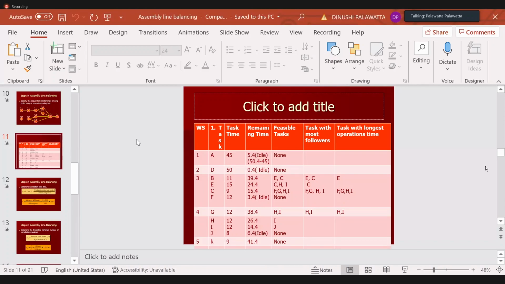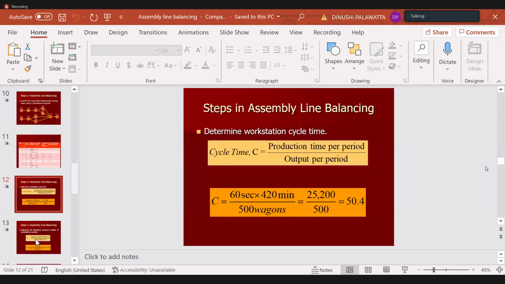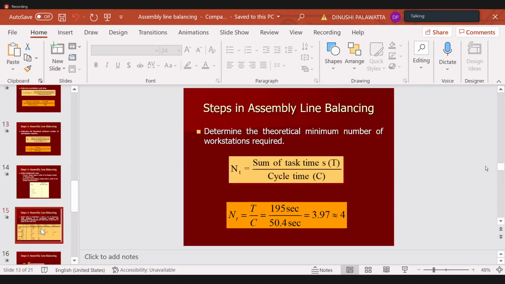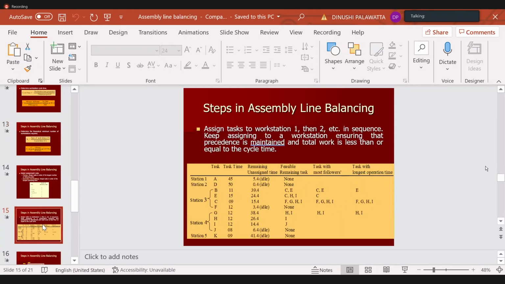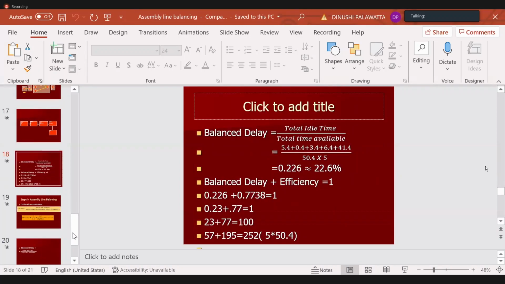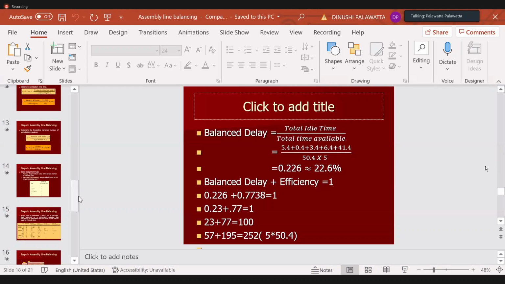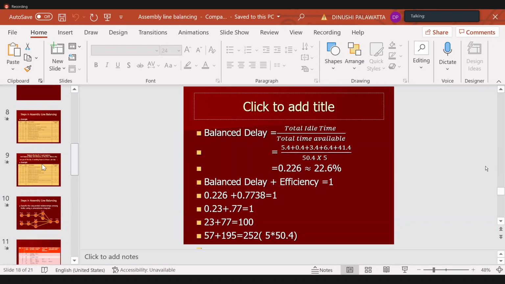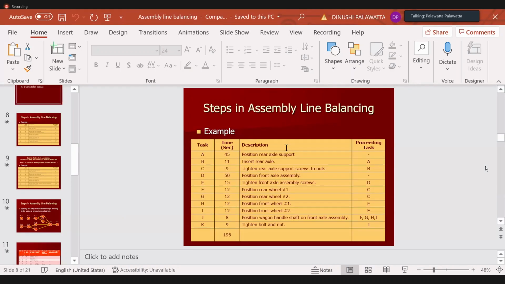So the idle time will be low. Let's say we got the cycle time in the calculation as 65.